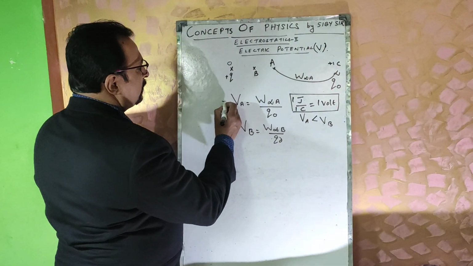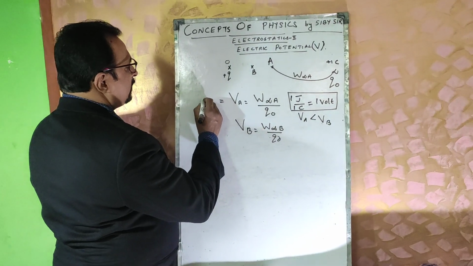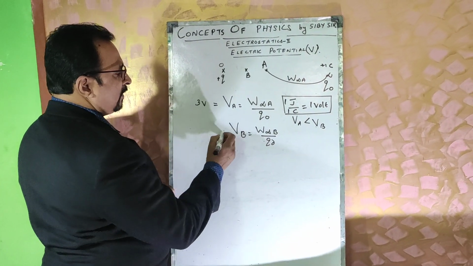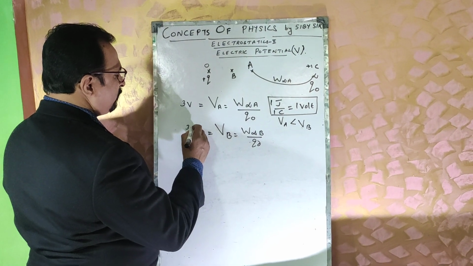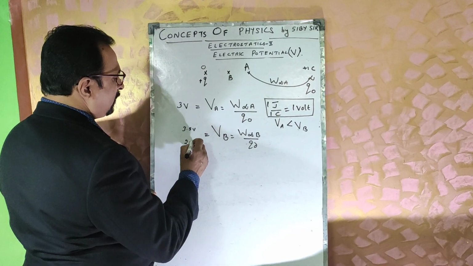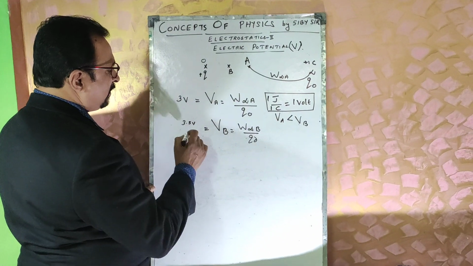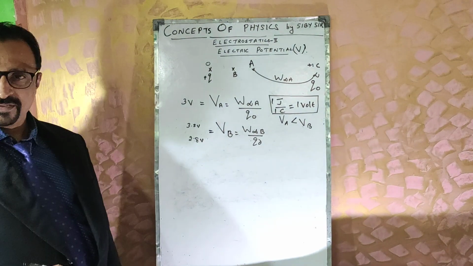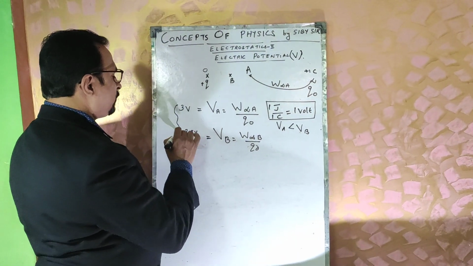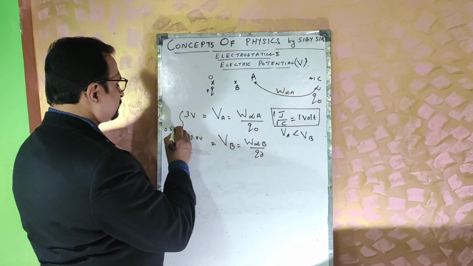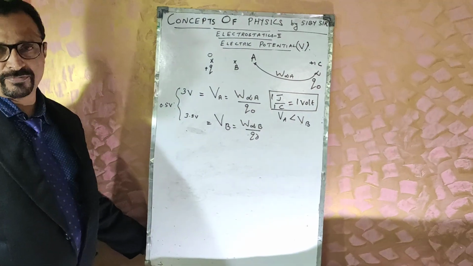For example, suppose the potential at A is 3 volt. Which is correct for the potential at B, 3.5 volt or 2.8 volt? Smaller than 3 or more than 3? It is more, so let it be 3.5 volt. Now what is this 0.5 volt?